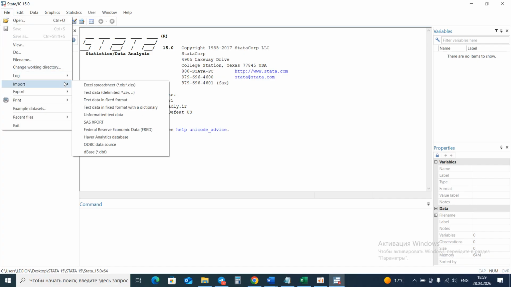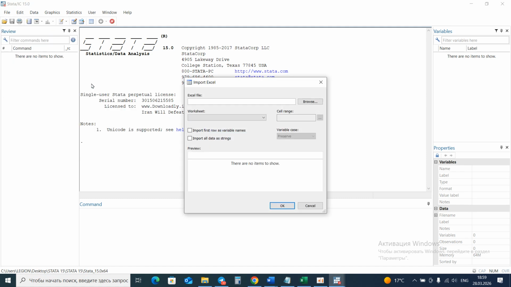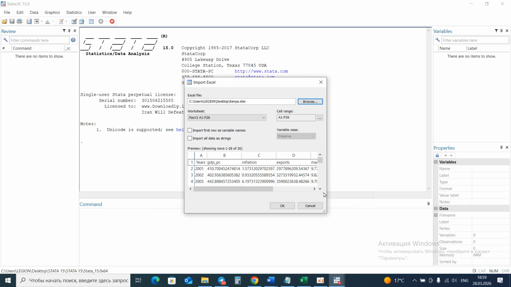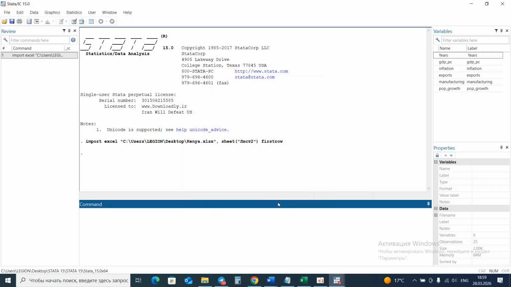So for this, we choose import, Excel spreadsheet, browse, choose our file, Kenya, and we have to choose this option which states import first row as variable name. It means now Stata doesn't consider it as numbers but as the names of variables and won't make any mistakes. Here, our file is already imported.